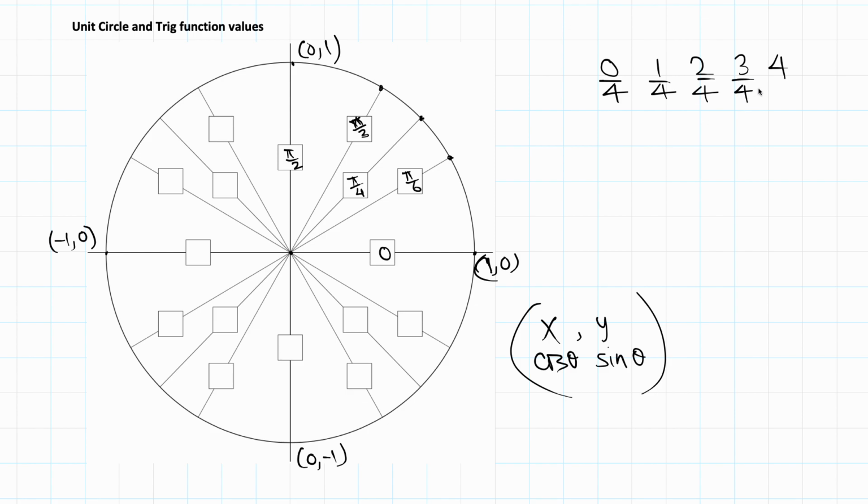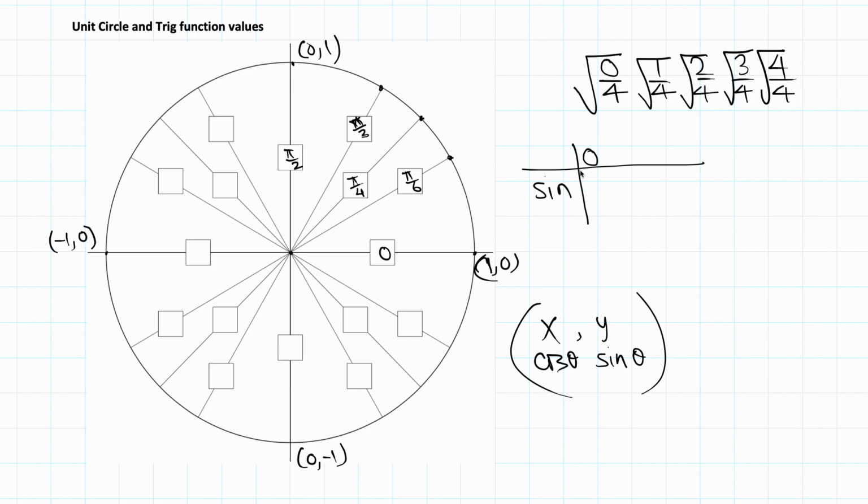Trigonometry values are irrational, so you want to take a square root. Then 0 over 4 is 0, so that will be for 0 radians. This one is for sine. For sine, 0 over 4 is 0, square root of 0 is 0.